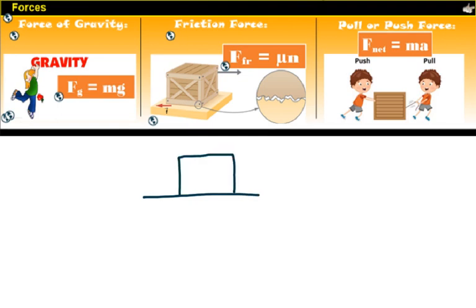So if you have a box on the flat surface with some mass measured in kilograms, watch additional videos that I have posted for you in the description of this video, because I want you to understand the differences between the mass and the forces. So here I have the force of gravity acting on the box.